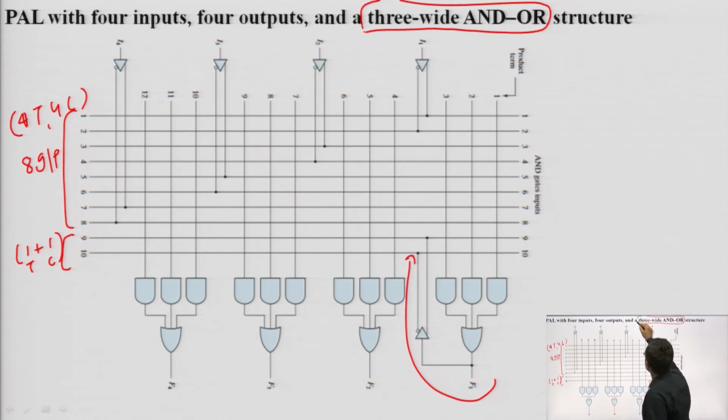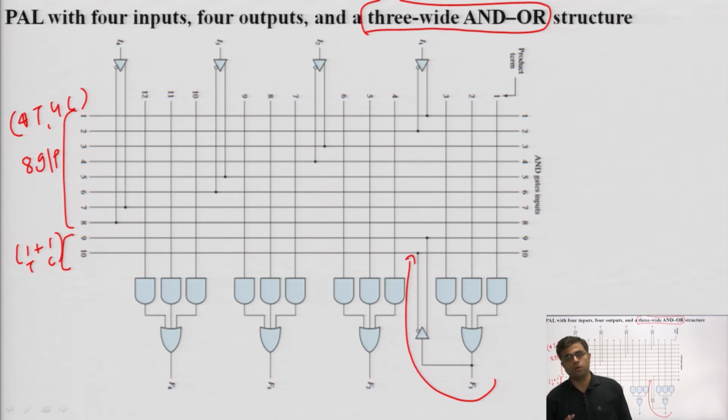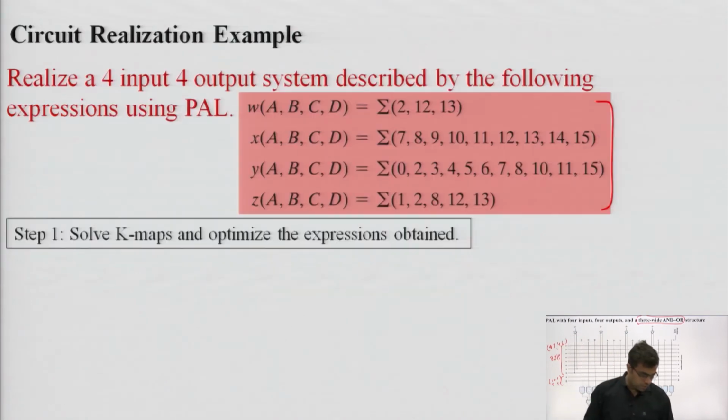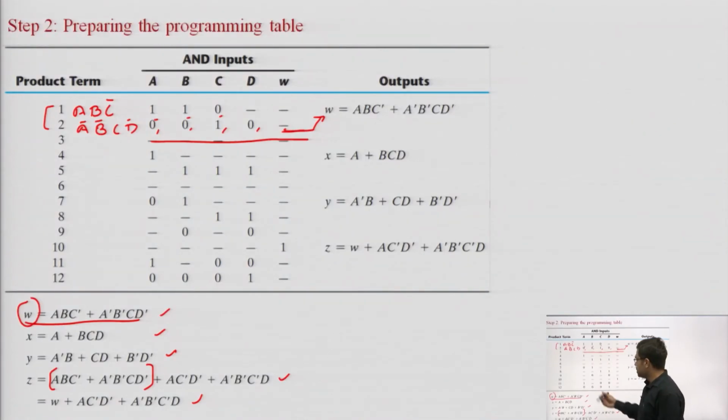This 3 wide AND OR structure means there have to be 3 products for every OR gate. But my question is saying that there are only 2 products. So that third product has to be left blank. That's why you can see that there is nothing mentioned here. There are 4 dashes here.